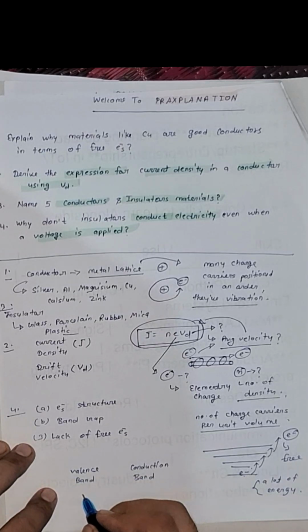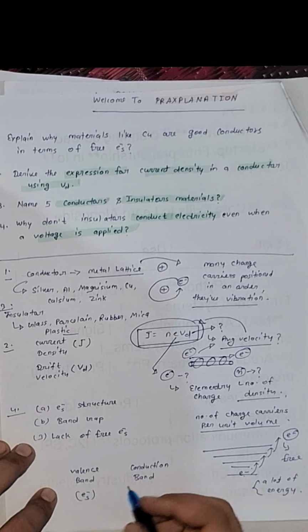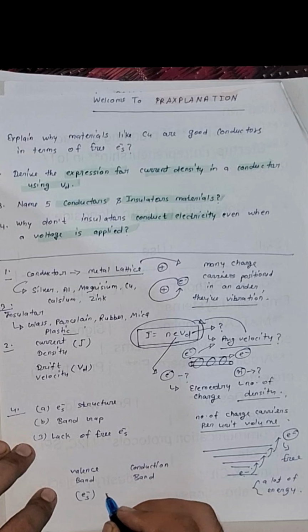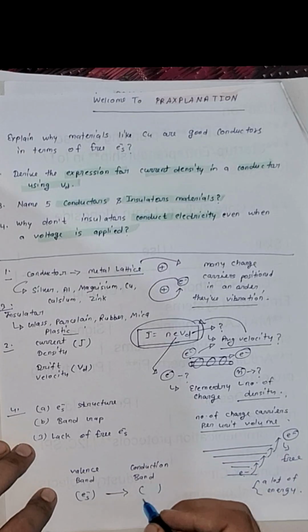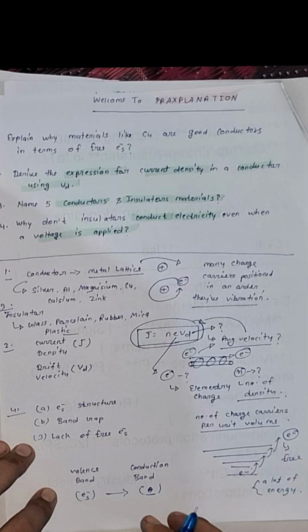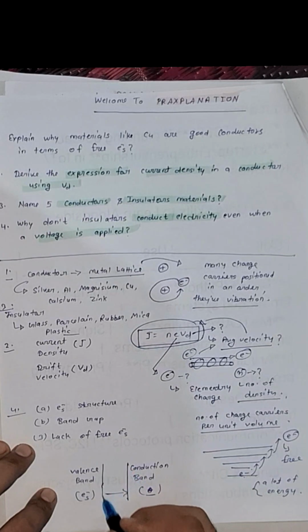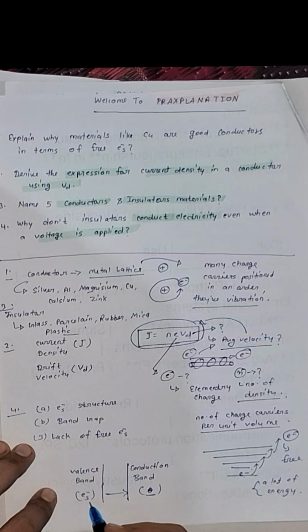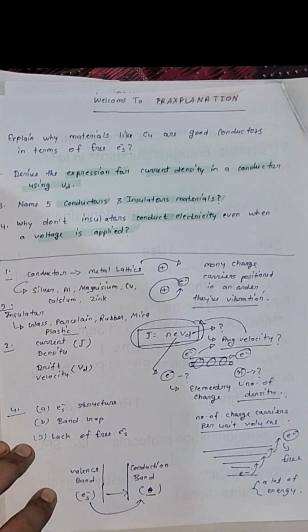Valence band means where electrons are, and for conduction our electrons have to be in the conduction band, but here they are not. There is a large gap between them, so from here to here it requires more energy. That is the reason.